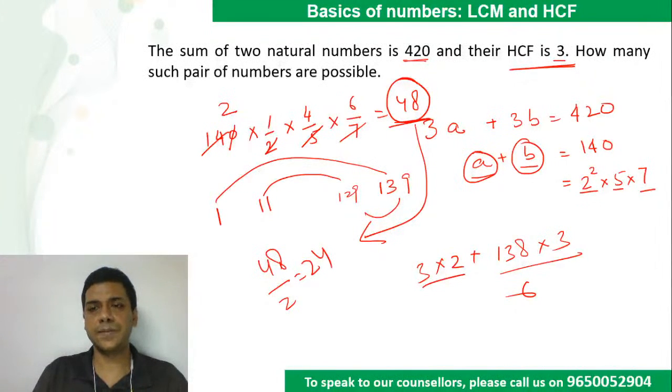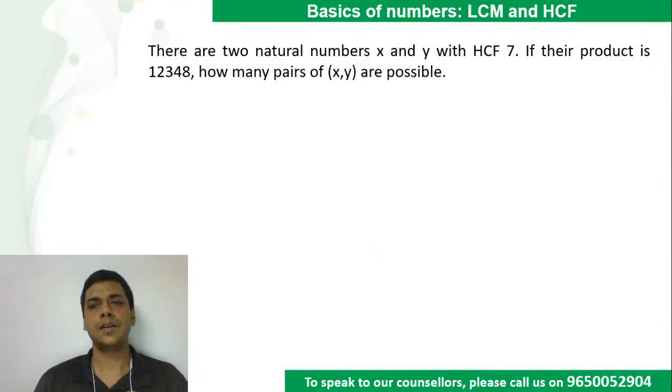Okay, moving to the next one. There are two natural numbers x and y who have an HCF of 7. In how many ways can they be chosen if the product is 12348?